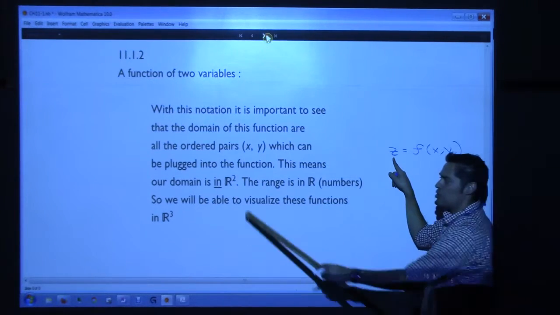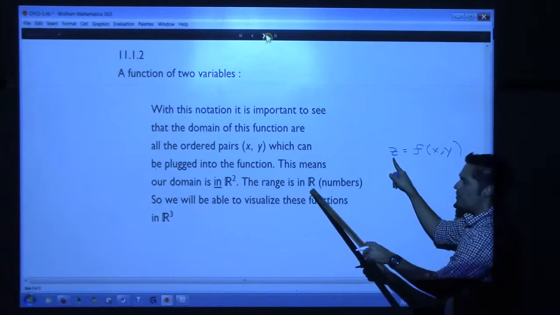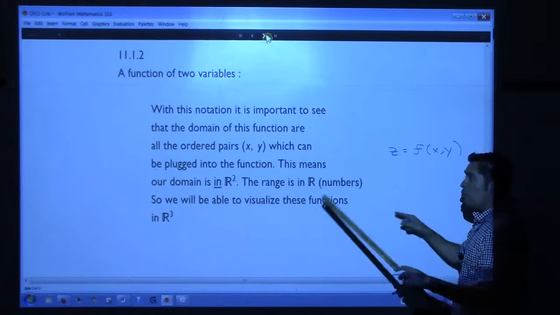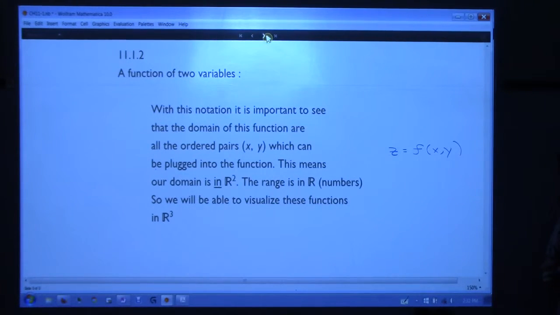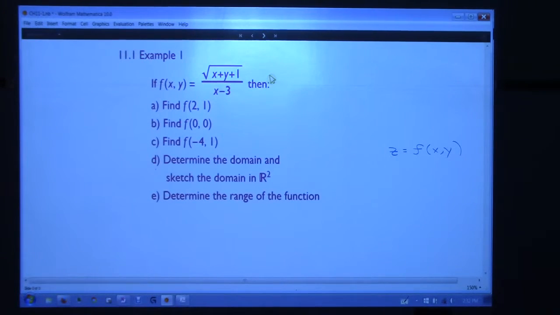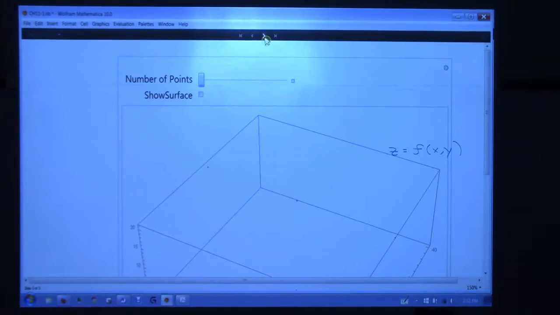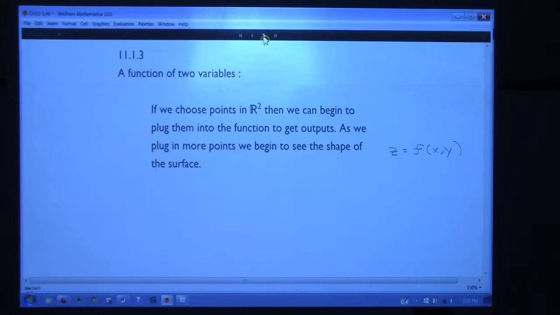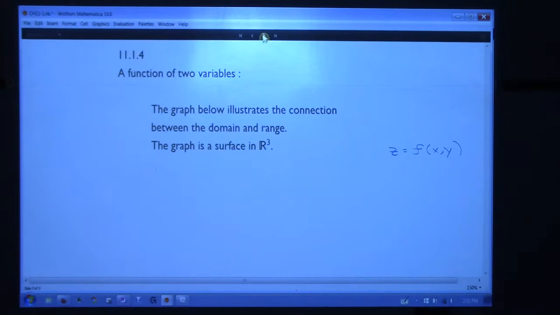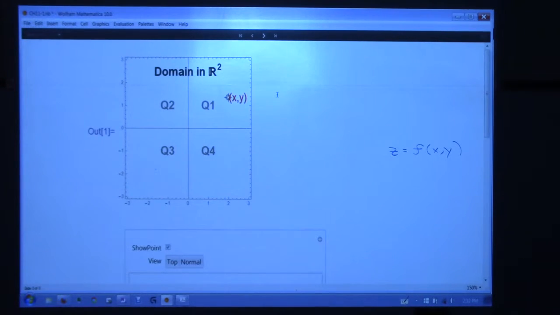So you need 2 dimensions for the input, 1 dimension for the output, so we will be able to visualize this picture in 3-dimensional space. I'm jumping ahead here.